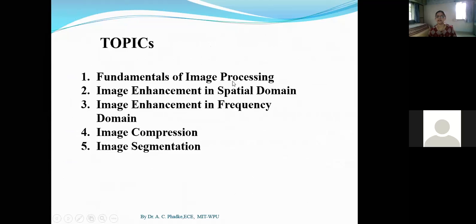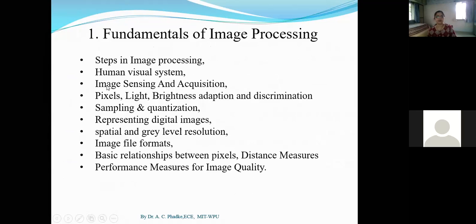That is fundamentals of image processing, image enhancement in spatial domain, image enhancement in frequency domain, image compression, and image segmentation. So these are the topic by topic details.